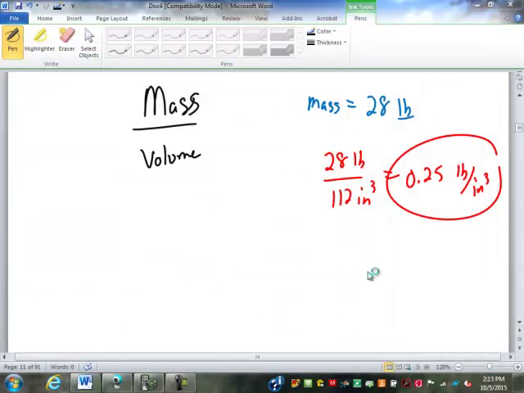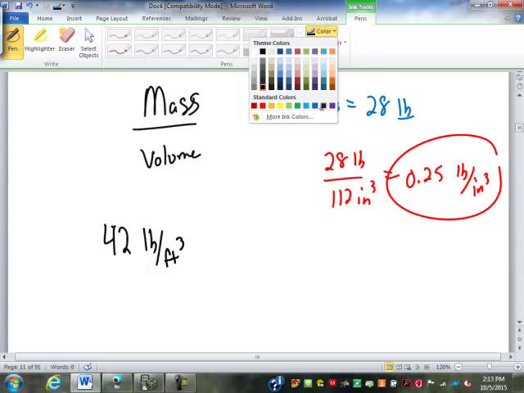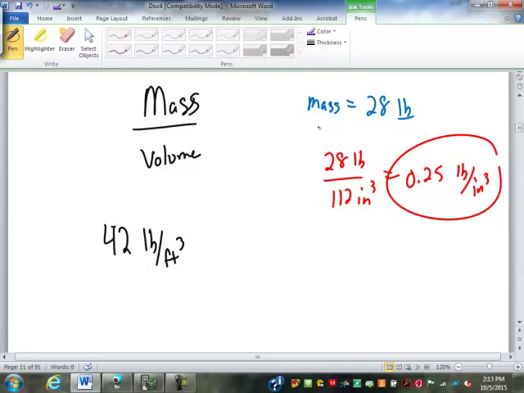So let's say that you have wood that is 42 pounds per cubic foot. And for any of your projects, have you guys figured out the board footage you need yet? It's 80 board feet. Let's make it easy. Let's do 84 board feet.